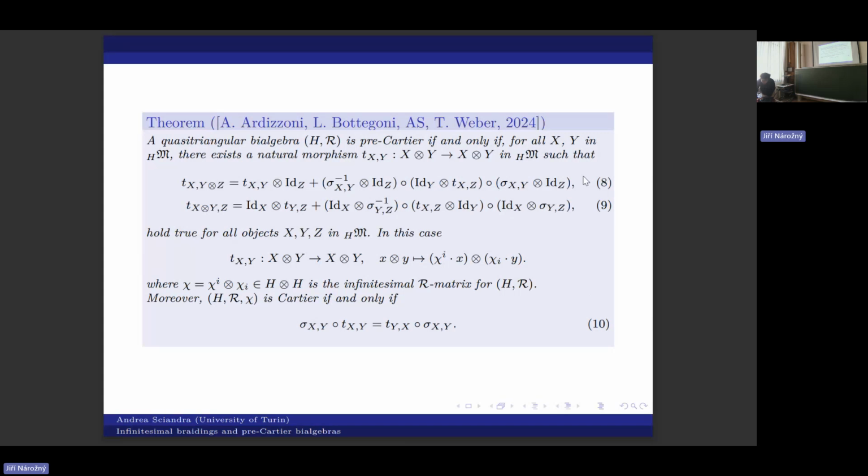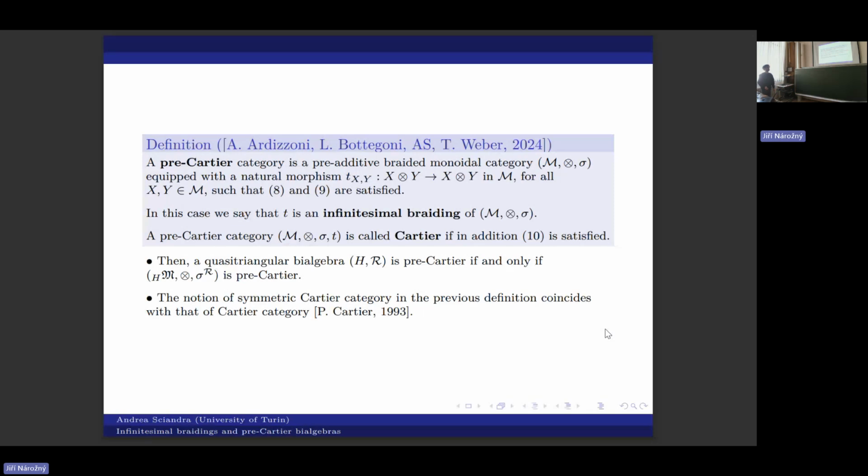So these two conditions are satisfied. If also 10 is satisfied, we call this category Cartier. And T is called the infinitesimal braiding associated to the braided category.